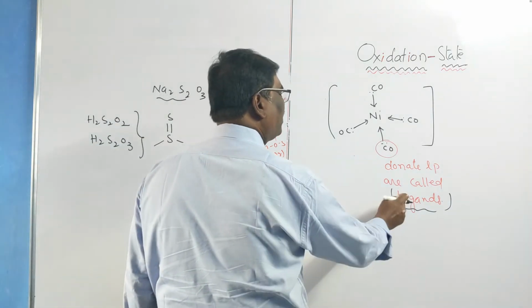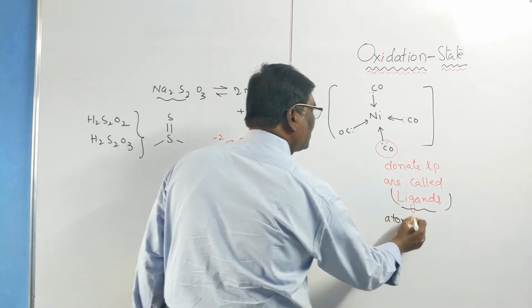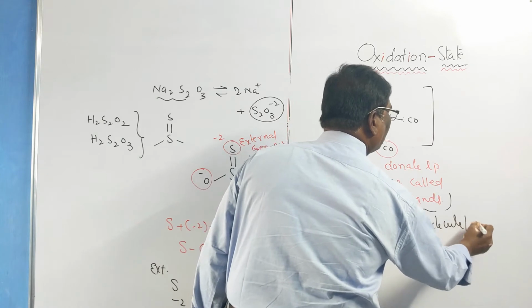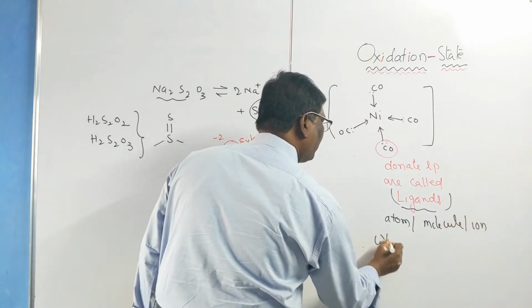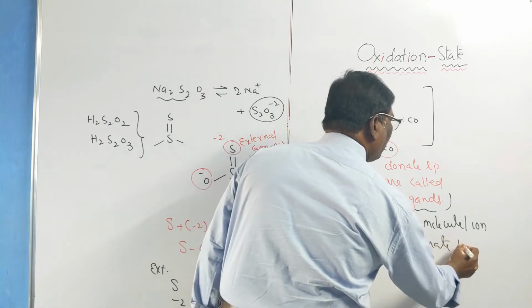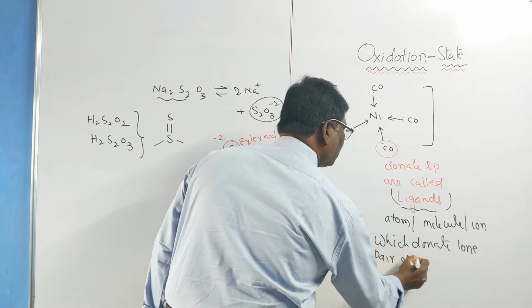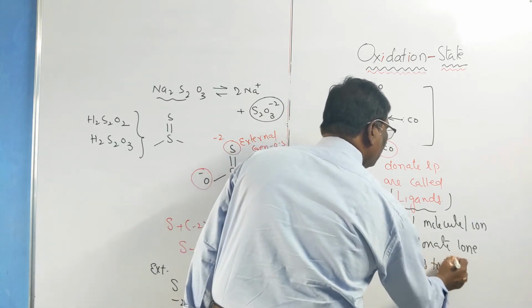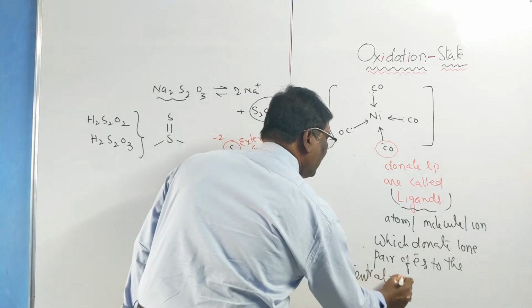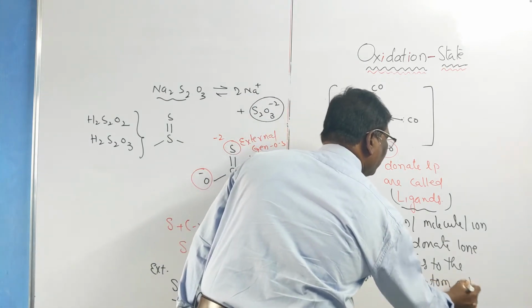So ligands are atoms or molecules or ions which donate lone pairs of electrons to the central metal atom or ion.